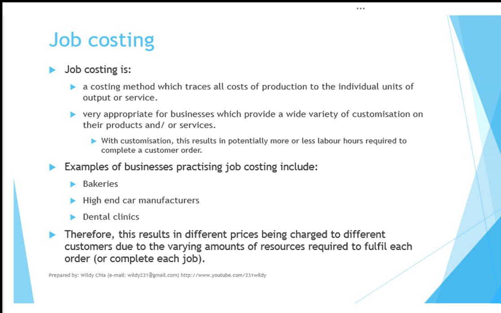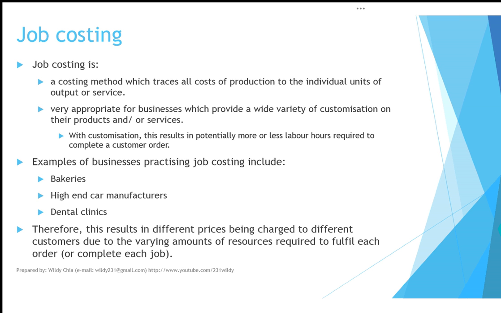Job cost is very appropriate because it traces all costs of production, material and labor, to each individual unit of output. This is very appropriate for businesses which provide a wide variety of customization for their products and services.